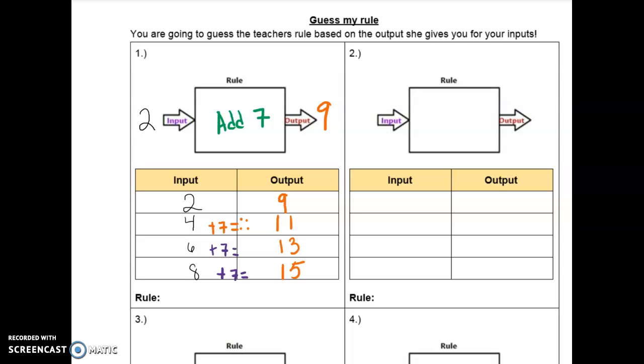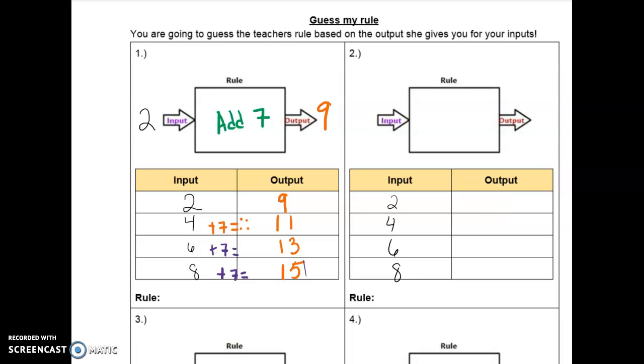So essentially what our y-intercept would be. Now I'm going to give you the inputs, so 2, 4, 6, 8, and I will give you the outputs here.